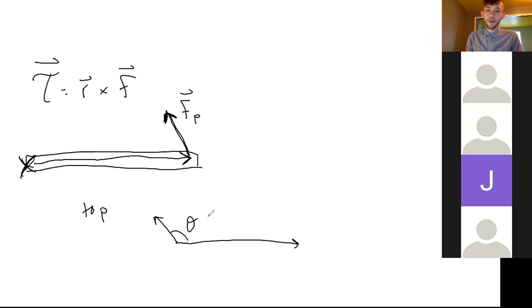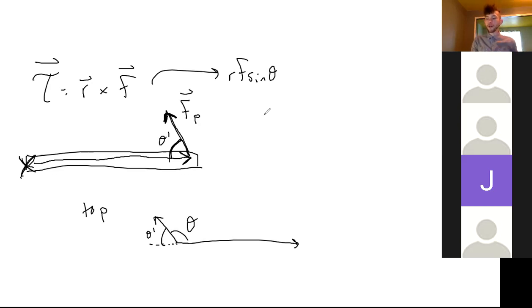But we did say that it works out if you just go ahead and take this angle here, because this angle is always going to be the complement. Like that angle shows up right here. Let me call this theta prime or something. And the sine of complementary angles is the same. Remember that we end up collapsing this down into RF sine theta. That's going to allow you to find the size of the torque.